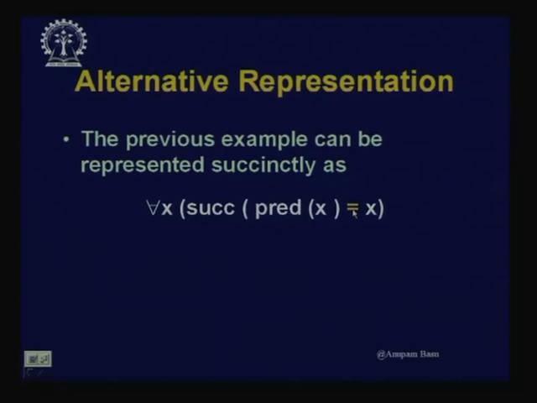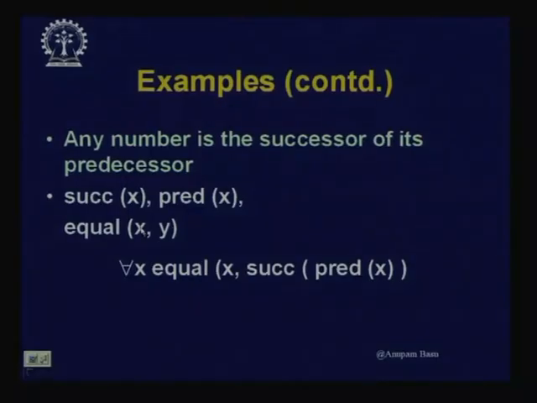Unfortunately, the definition of sentences and the valid operators that we had mentioned in the case of first order logic did not have any equality operator. They were predicates, they were quantifiers, but this equality operator was not there. Therefore, we had to take recourse to this sort of predicate equal x y, which was essentially denoting x equals y.